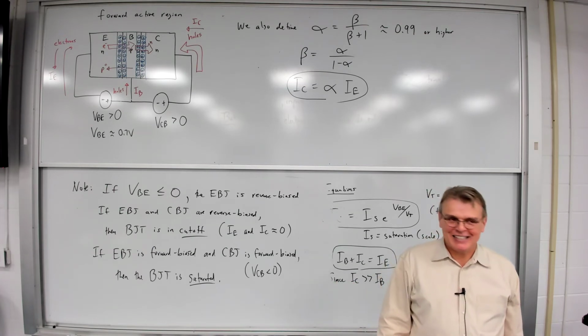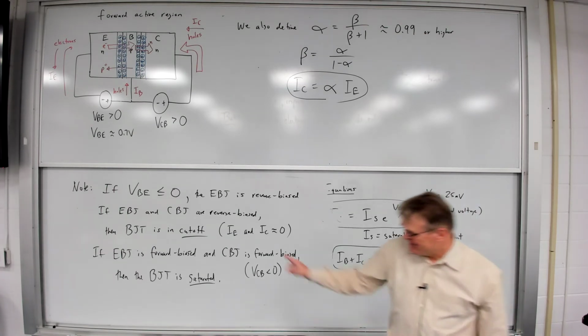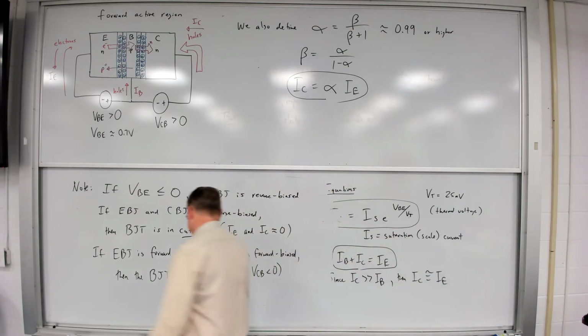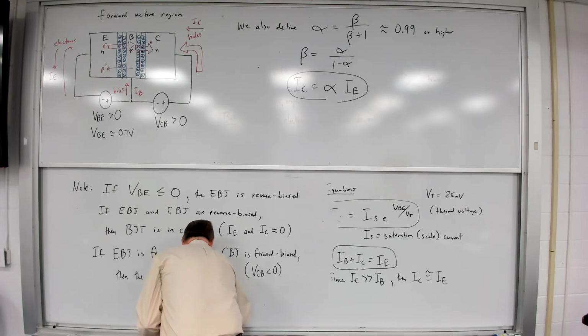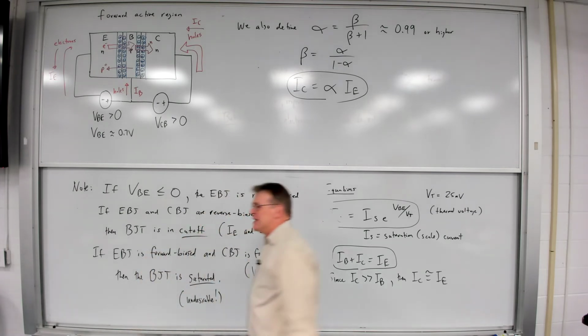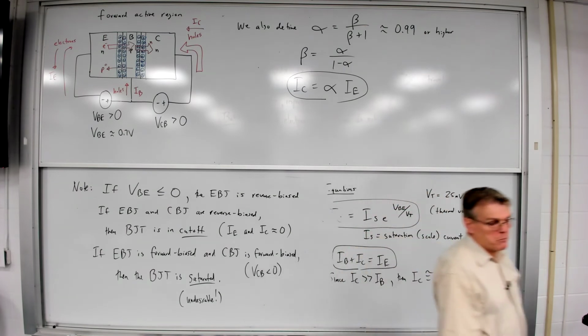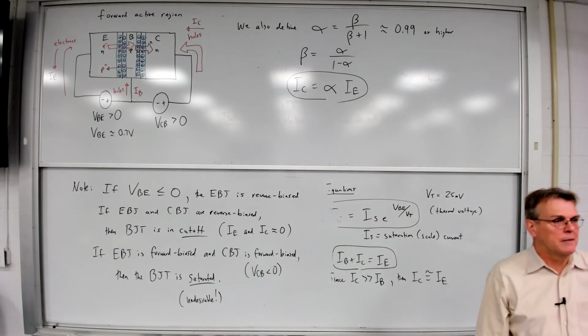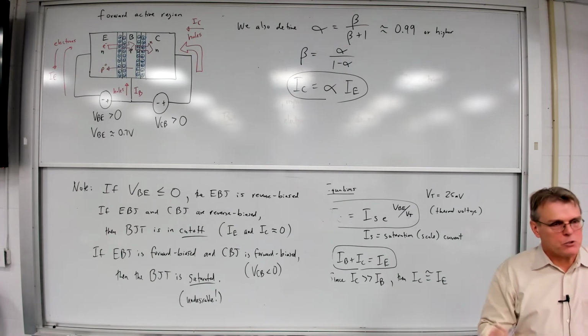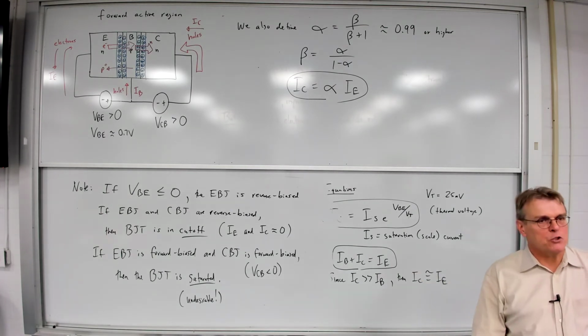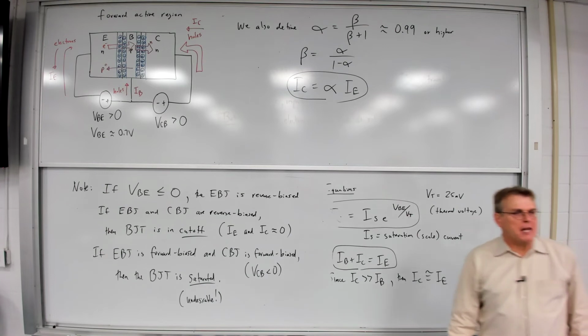Anybody want to guess? Bad. Saturation is bad. This is very undesirable. Extremely undesirable, and we're going to see later on why that is true. Just as with an op-amp that is saturated, a BJT that is saturated does not function as an amplifying device.